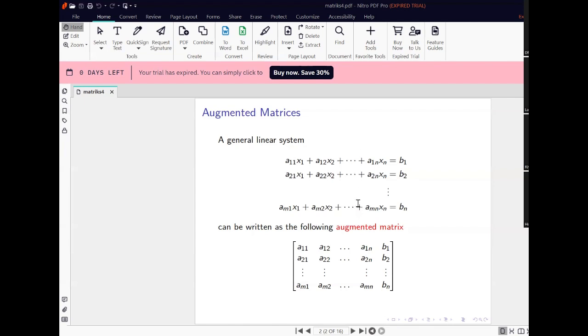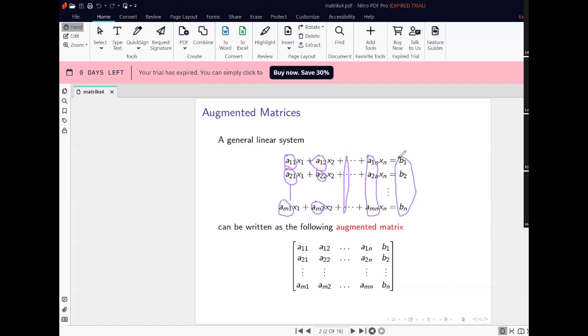You have to notice that these are scalars, I mean they are real numbers, and also in here, and the right side is also a real number. We can say it's a constant.